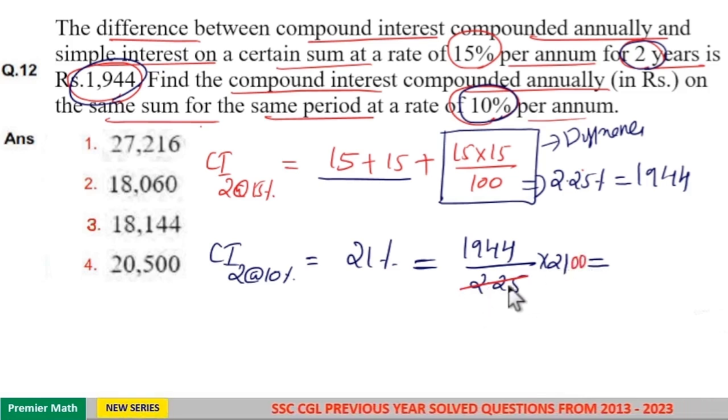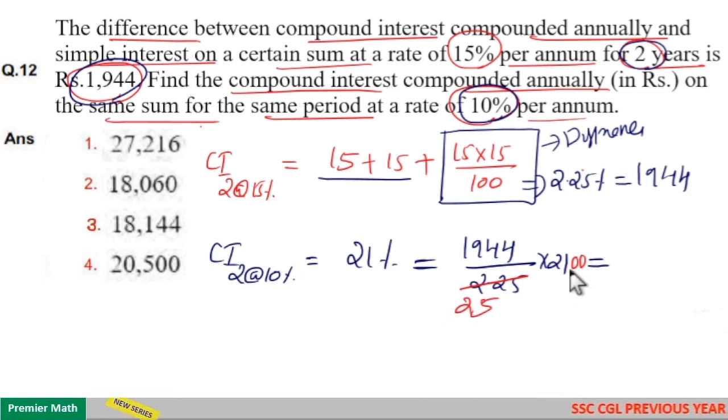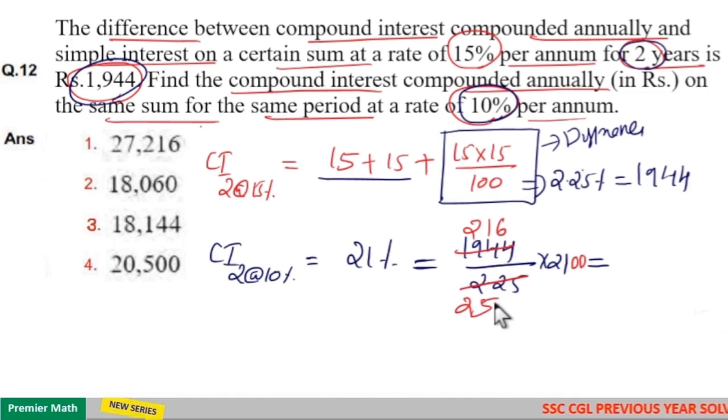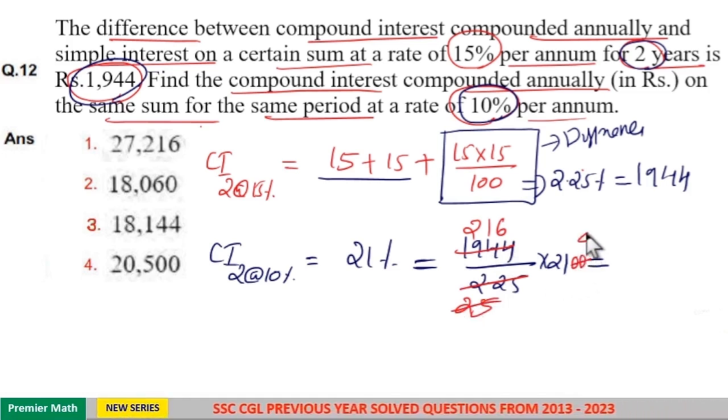So this will become 9 goes 2 times in 22, remaining 4, 9 goes 5 times in 45. Now here 9 goes 2 times in 19, remaining 1, 9 goes 1 time in 14, remaining 5, 9 goes 6 times in 54. Now 25 goes 4 times in 100.